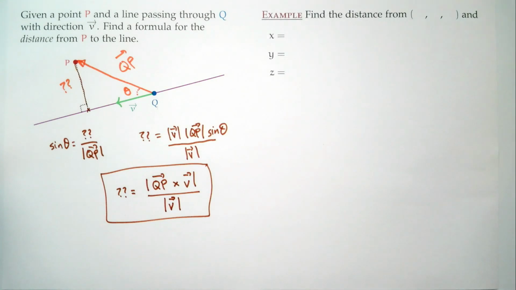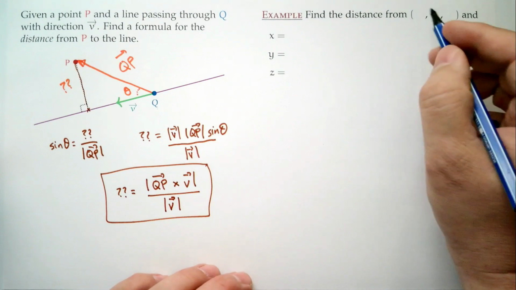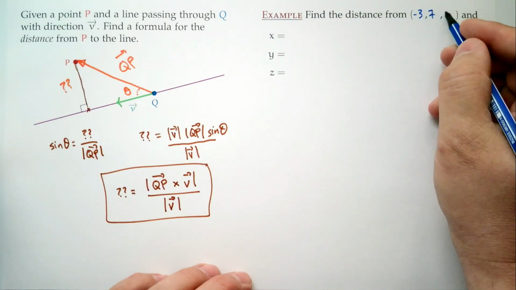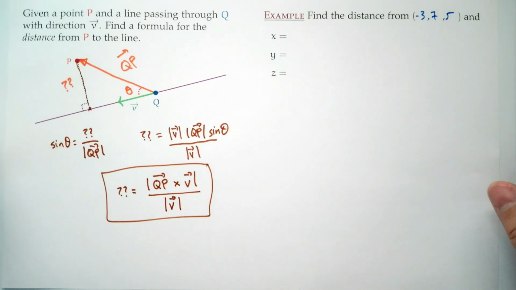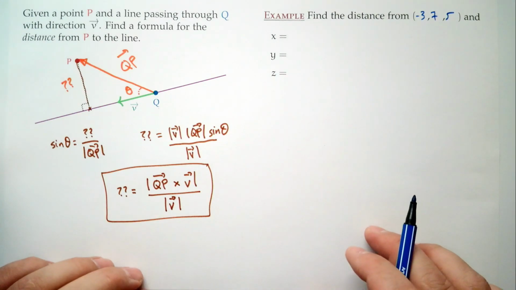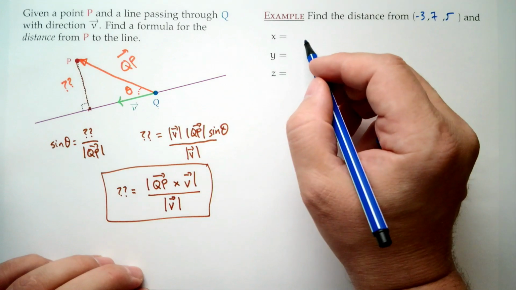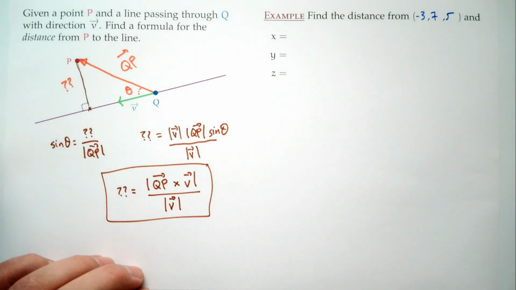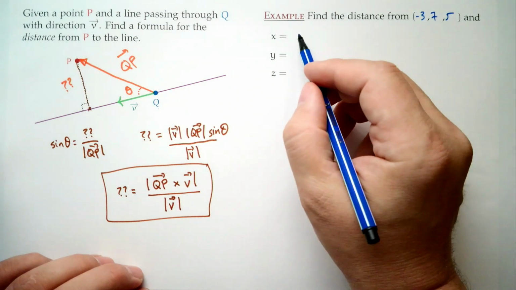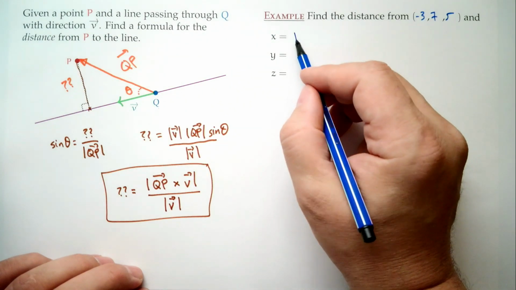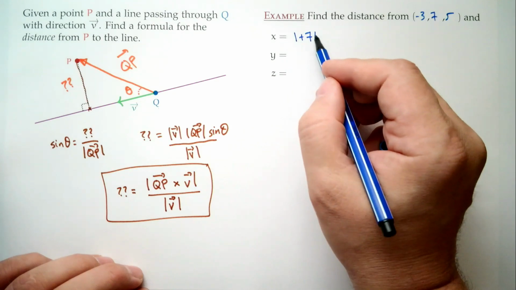Okay, so let's do a quick example. Let's find the distance from a point. So we need a point. What's our point? Negative 3, 7, 5. All right, and we need a line. So x should equal, in parametric form, something plus something t: 1 plus 7t.